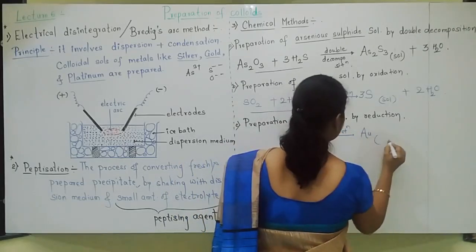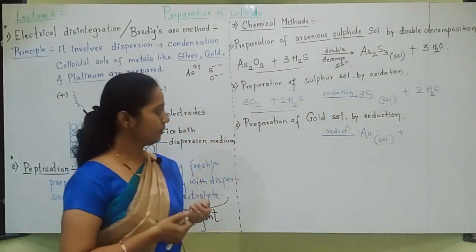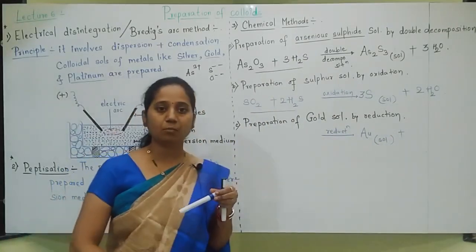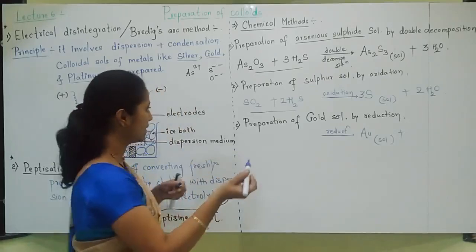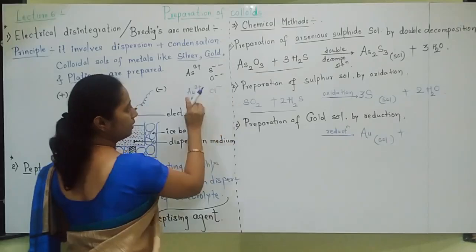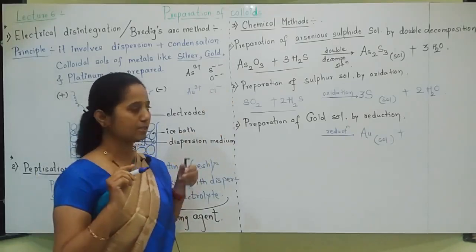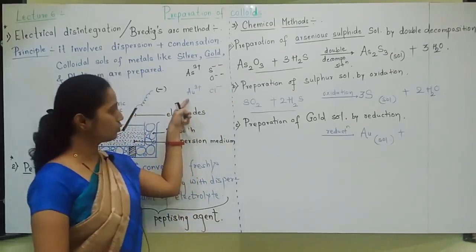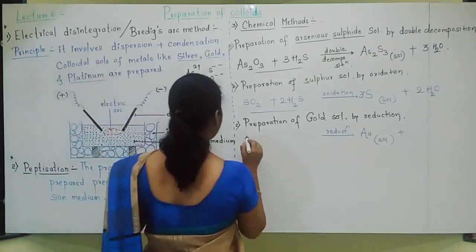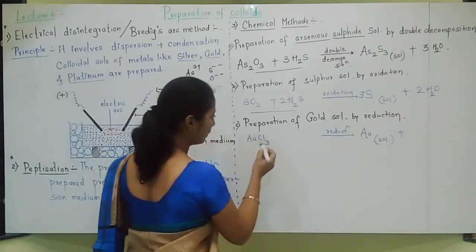Gold Au, I will write sol. Okay, how is gold sol prepared? See, gold sol is prepared from auric chloride. Formula you should see, auric chloride. Students, auric chloride. Gold shows Au single plus also, 3 plus also. Single plus is aurous. Here you have to take auric, so Au 3 plus, Cl minus. Cross multiply and tell me the formula. AuCl3. Okay.